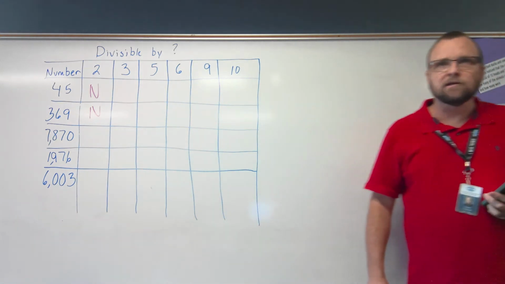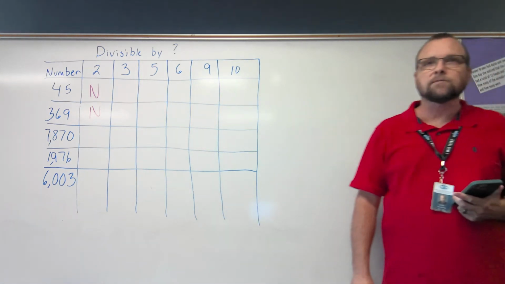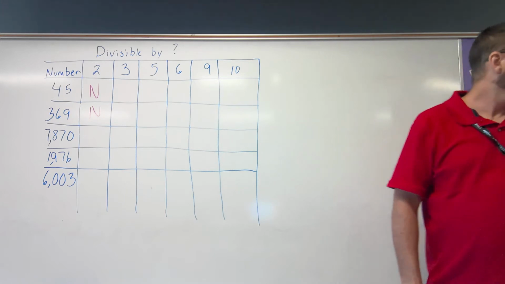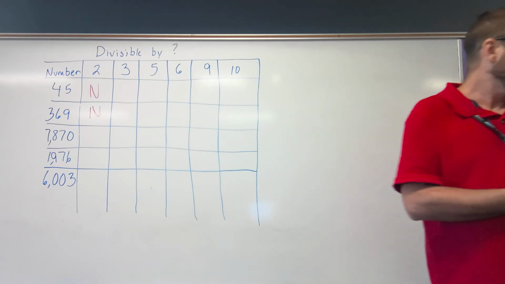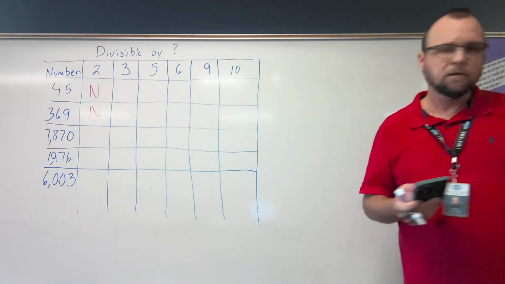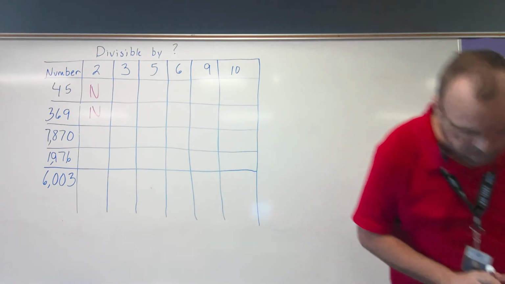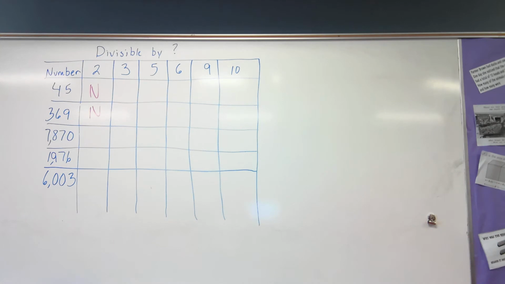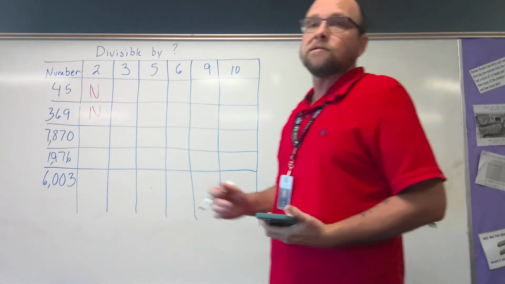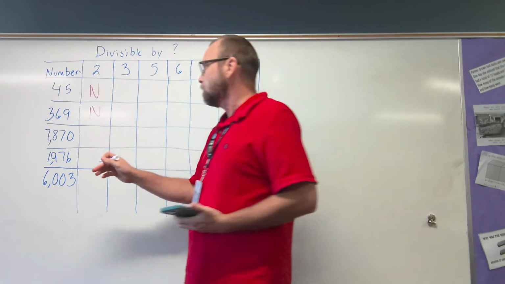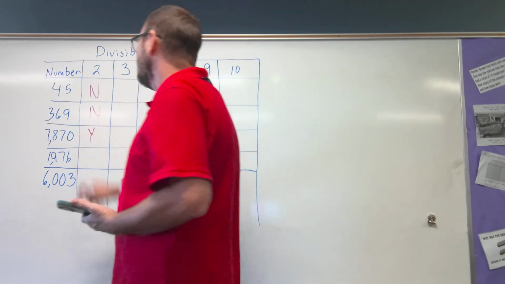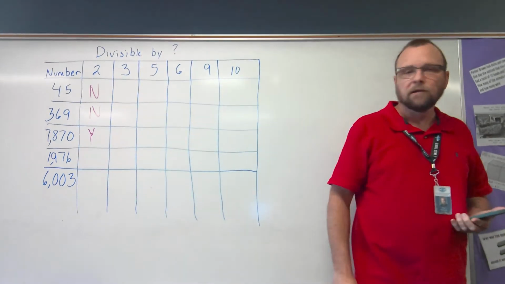Easton, is 7,870 divisible by 2? Yes, it is. Thank you. Because it ends in a 0, an even number. Our even numbers are 0, 2, 4, 6, or 8.